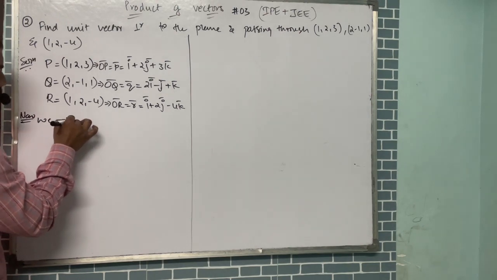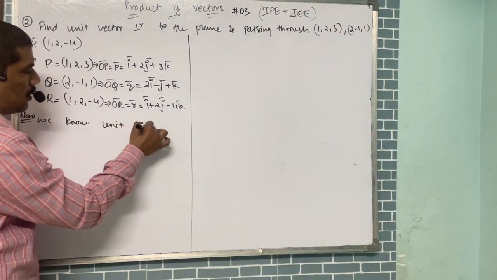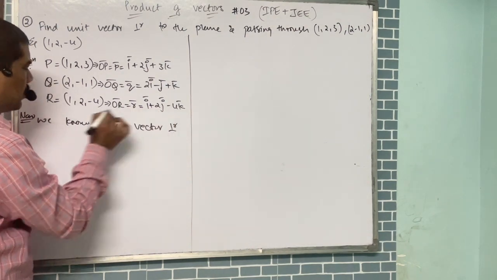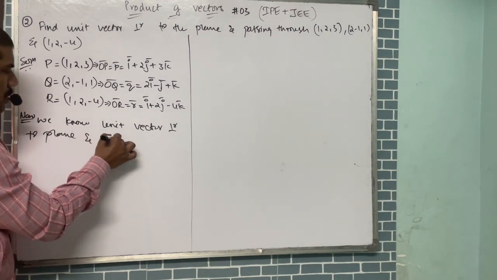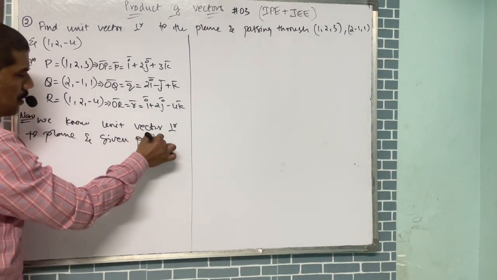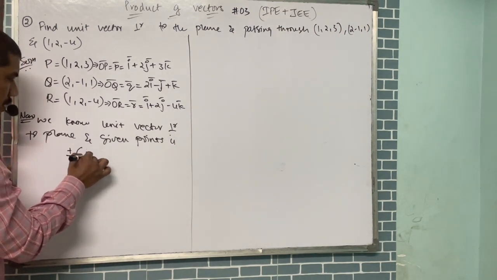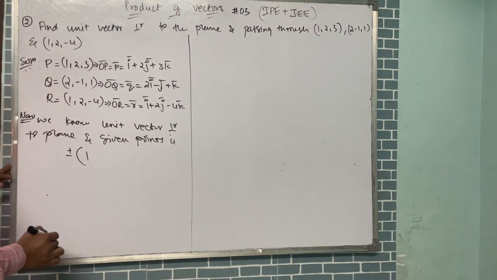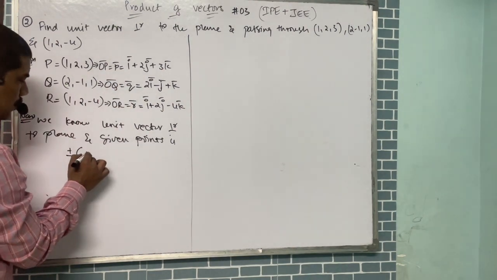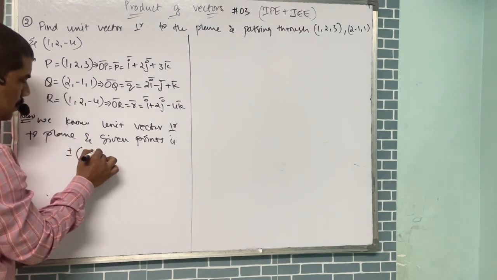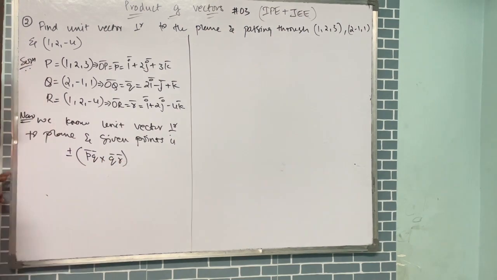Now, we know the unit vector perpendicular to the plane and given points is plus or minus PQ cross QR, divided by the magnitude of the PQ cross QR.